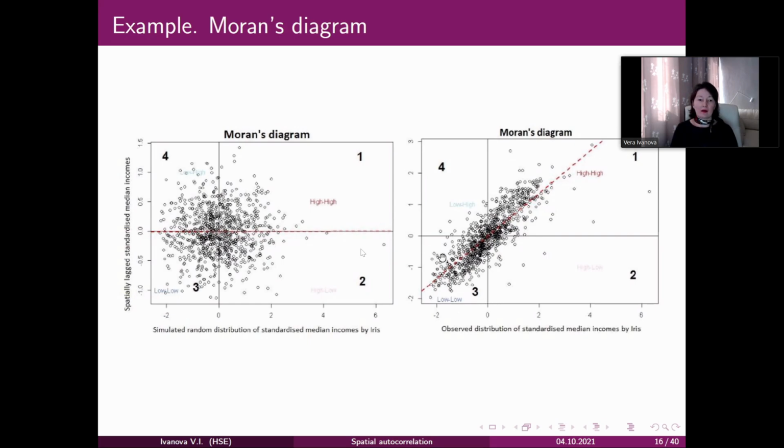So the positive spatial autocorrelation case is that many districts with high income are surrounded by high income districts, and many low income districts are surrounded by low income districts.